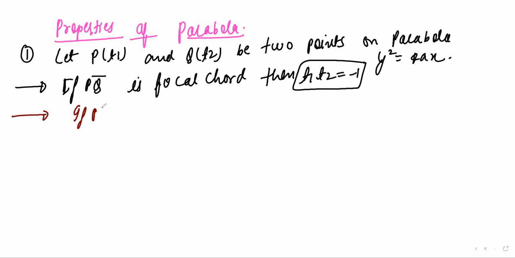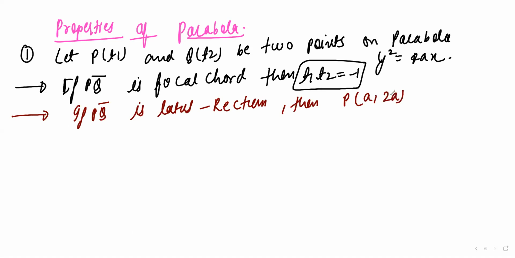If PQ bar is the latus rectum, then P is the point a comma 2a. So it is a T1 square equal to a, and 2a T1 is equal to 2a. Right. So cancel this one, we'll get T1 as 1.